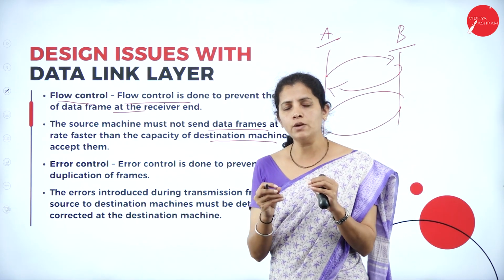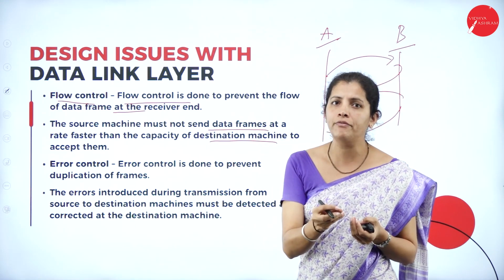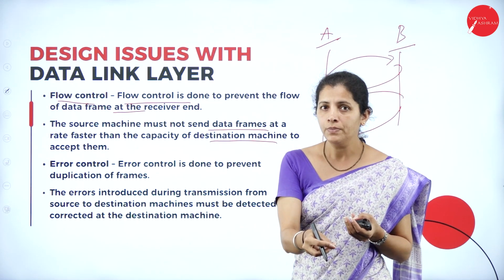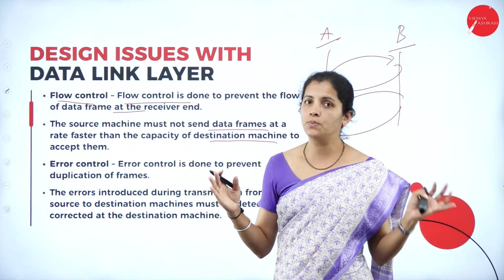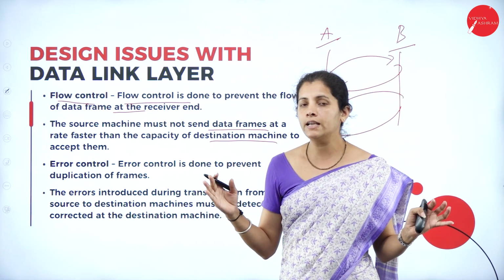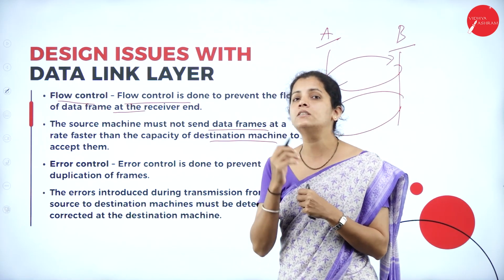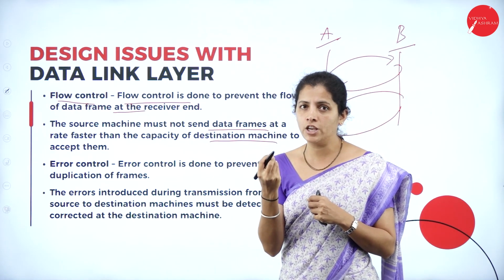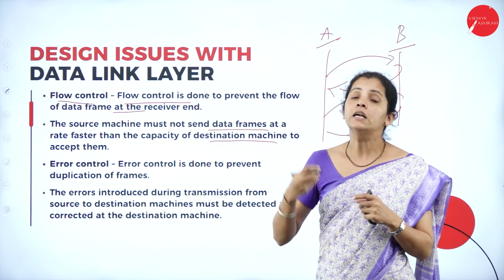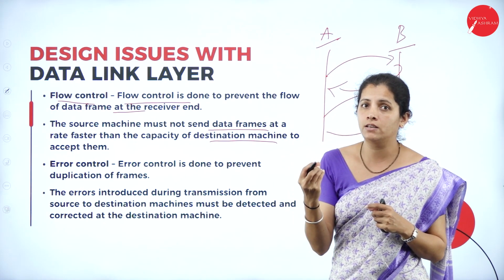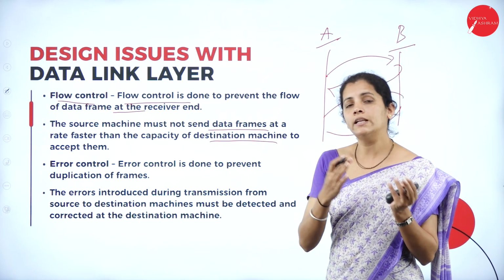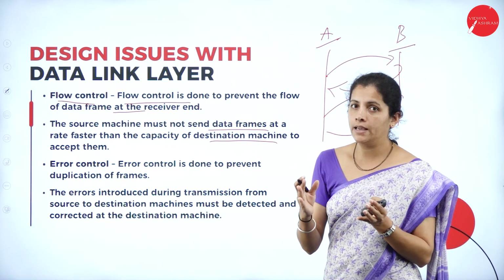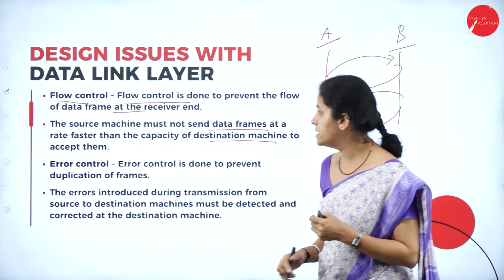So dear student, whenever I want to send any frame to the receiver, there must be an agreement between the sender side as well as the receiver side. In the sense, both machines must have the same configuration, same data rate, same data access rate. Then only can I send the data frequently or simultaneously.